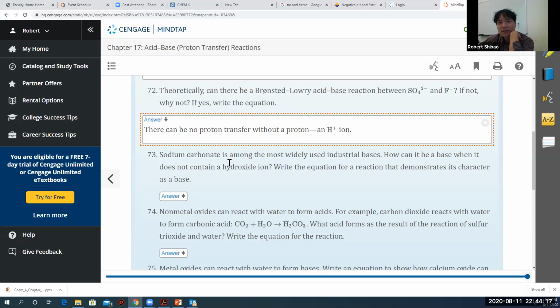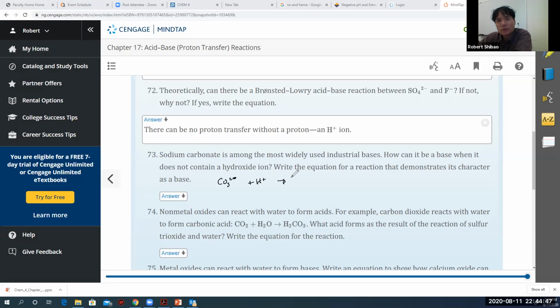73, sodium carbonate is among the most widely used industrial bases. How can it be a base when it does not contain hydroxide ion? Bases just have to accept protons, that's it. And so if we have a carbonate here, CO3 2 minus, it just has to be able to accept a proton.